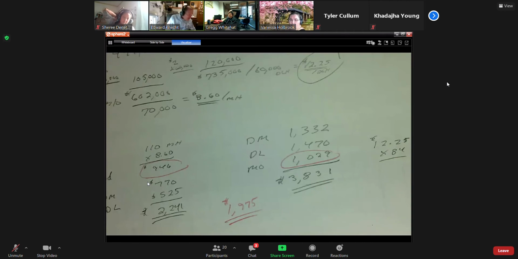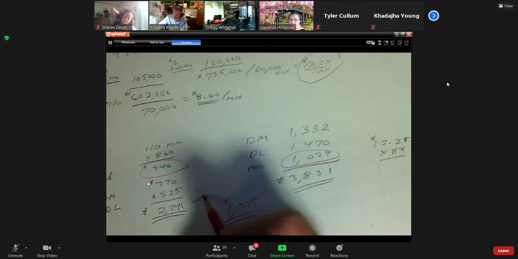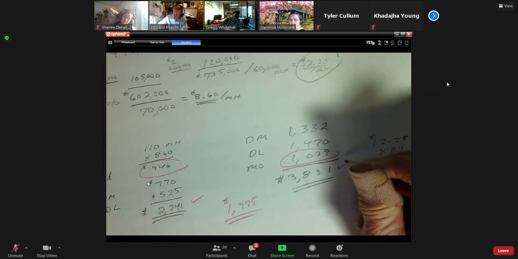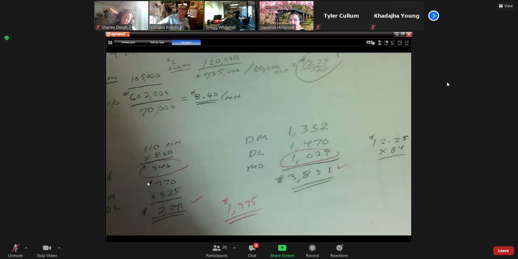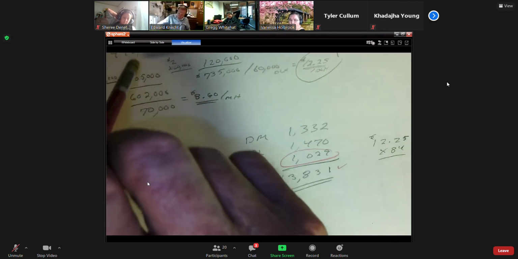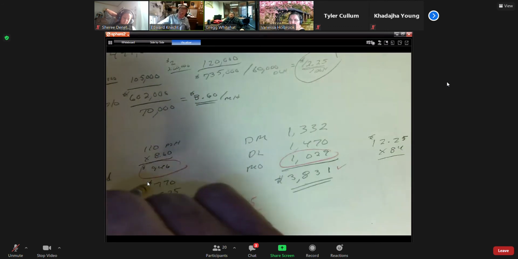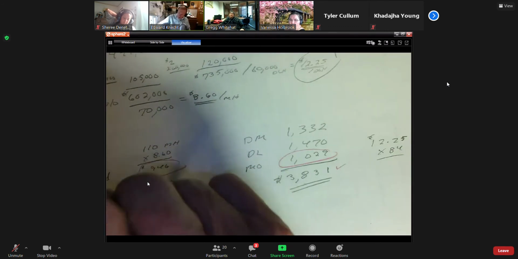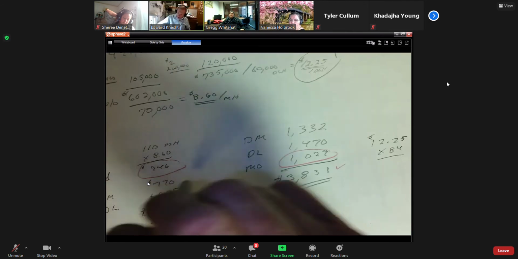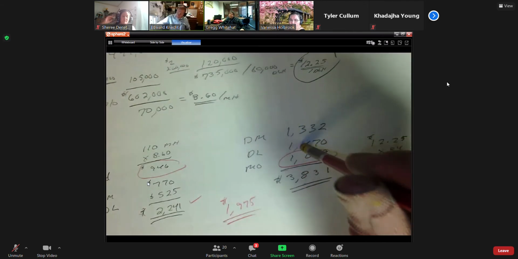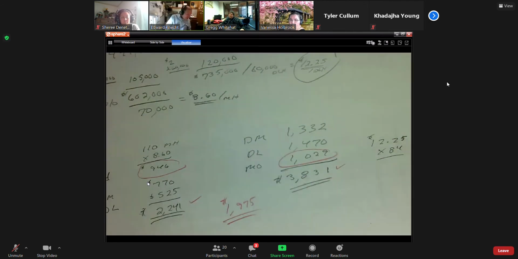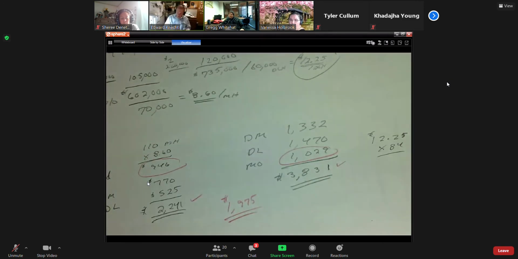So the total manufacturing cost would be these two numbers added together, correct? Because we have three manufacturing costs in molding: the manufacturing overhead applied, the actual direct materials and direct labor, and we have the same thing for the painting. So the total would be these two added together. What do you have when you add that together?